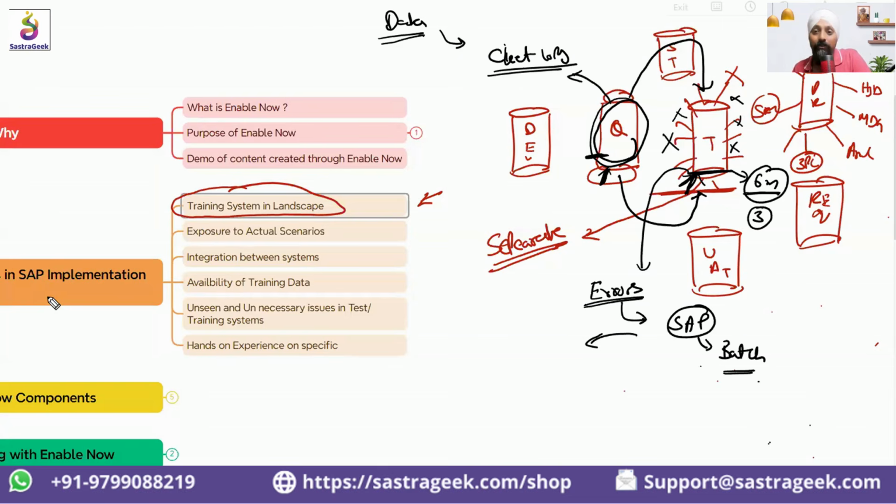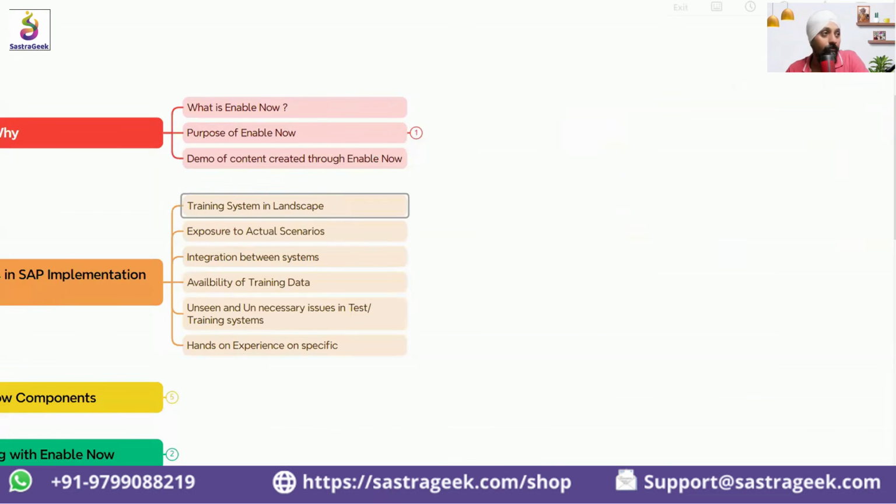But with Enable Now, you can find a good scenario running across different connected systems, in the quality system or the production system. You can record them, and give that recording to them so that they can experience the integrations also. So there are a lot of things you can do with Enable Now, but will not be able to do with the actual systems when you're giving the trainings.